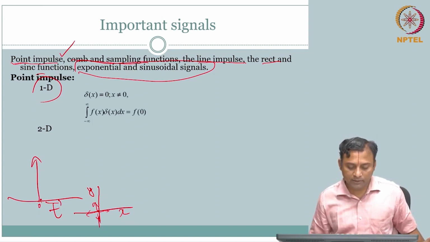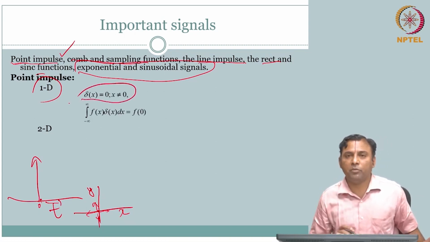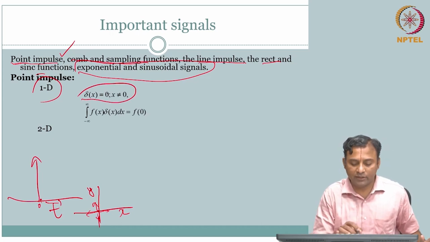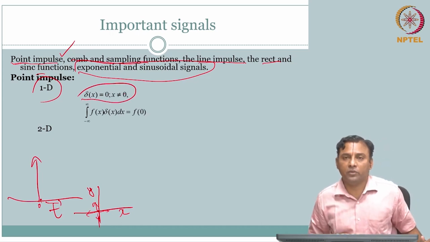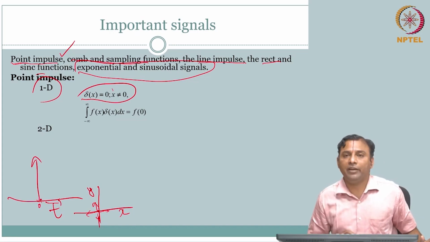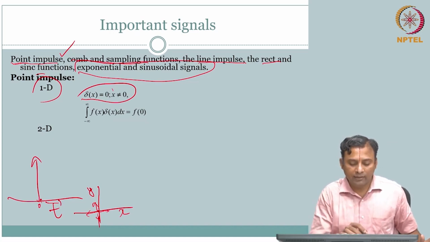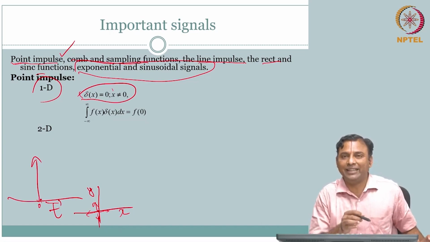So in 1D, you are familiar, you would have heard about the delta function. Delta of x is 0 when x is not equal to 0. That means everything is packed only at 0. Outside 0 you don't have any value, it's all zeros. That's its definition. This function is hardly used by itself.